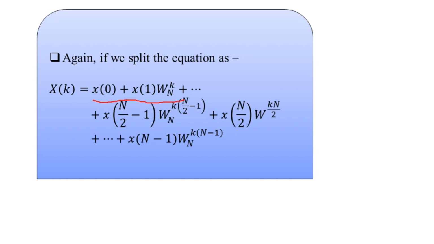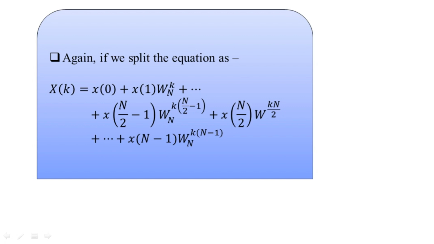Next to that we split it with x of capital N by 2 minus 1 multiplied to the twiddle W suffix N, the power is k in the bracket N by 2 minus 1, further added to x of N by 2 multiplied by W to the power k times capital N by 2. And lastly the third part can be shown as x of N minus 1 multiplied to the twiddle W suffix capital N to the power k in the bracket capital N minus 1.